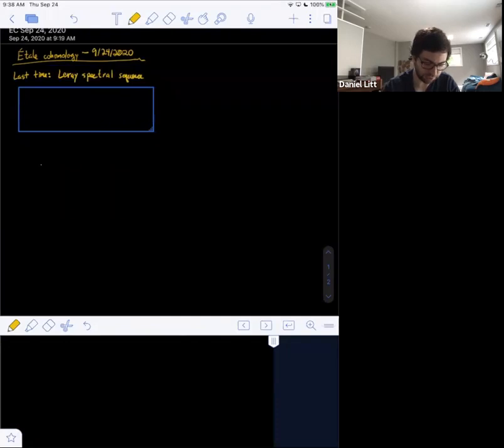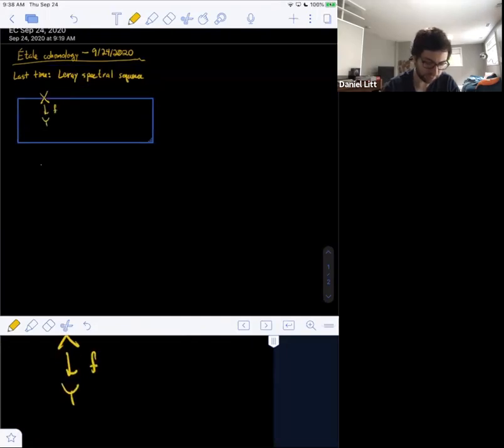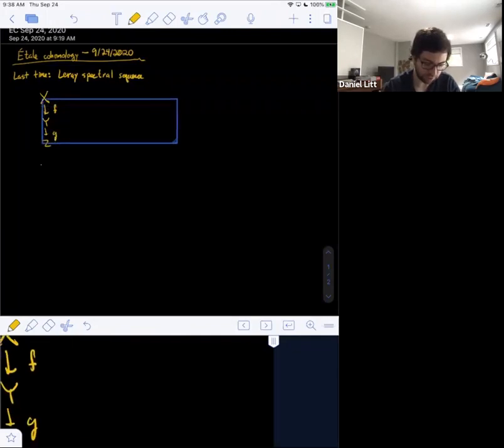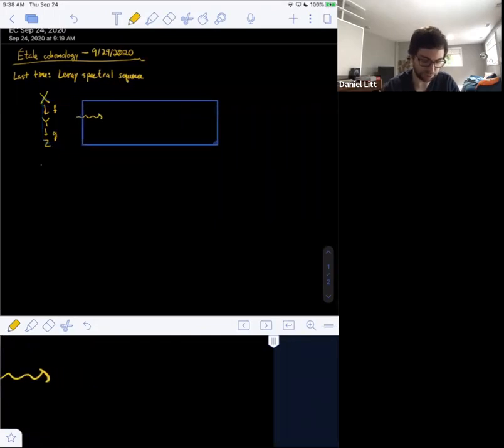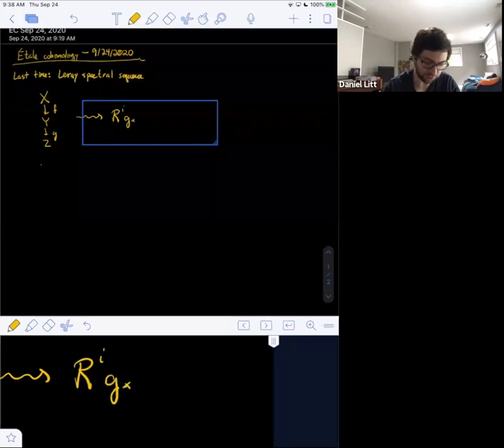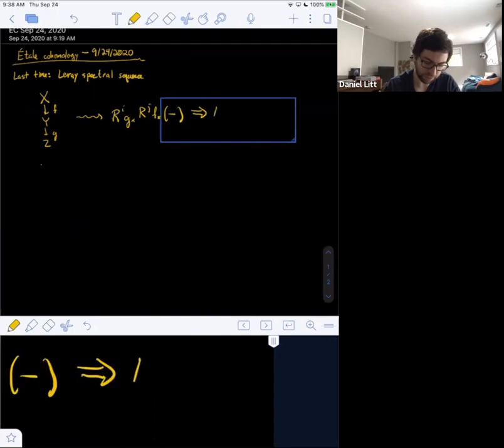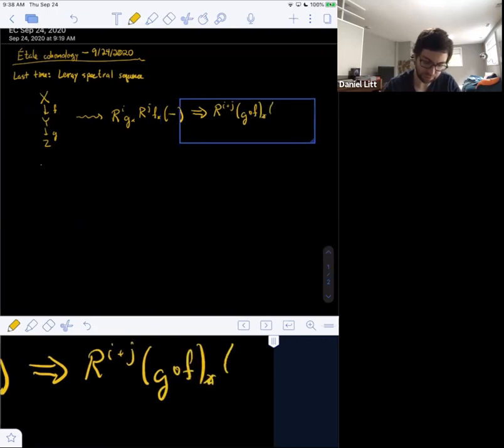We had a morphism f from X to Y, and then g from Y to Z, and to this data we associated a spectral sequence, which had at the E2 page R^i g_* of R^j f_* of a sheaf, and that converged on the E infinity page to R^(i+j) of (g composed with f)_* of your sheaf.